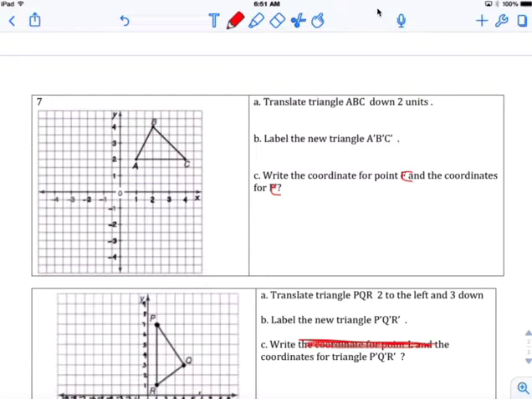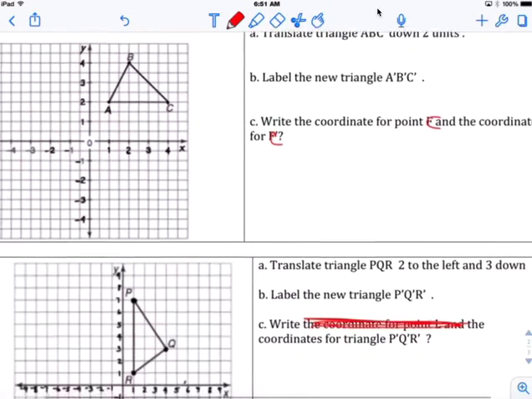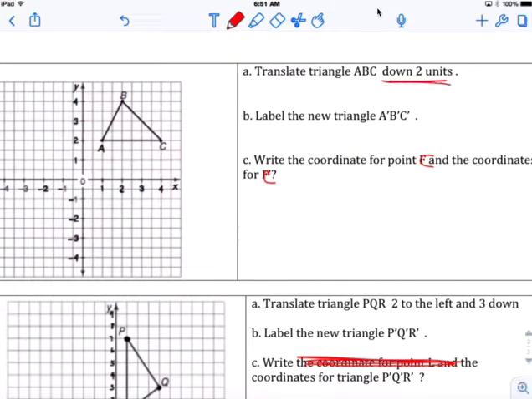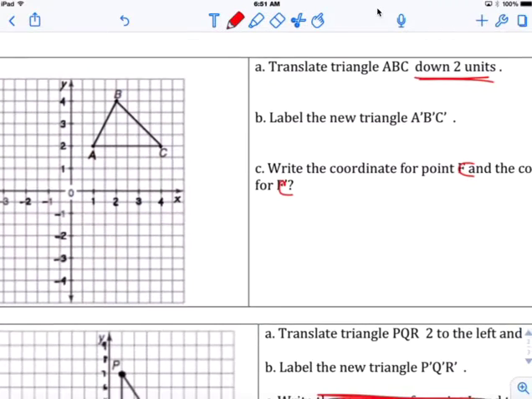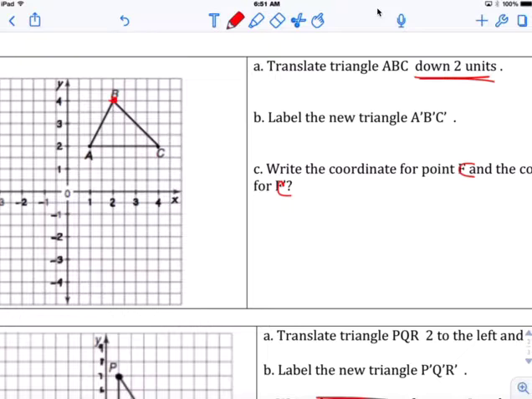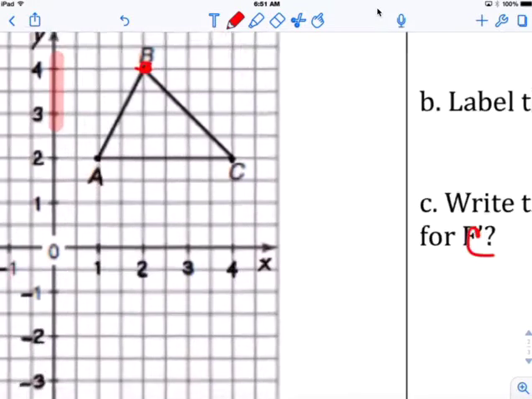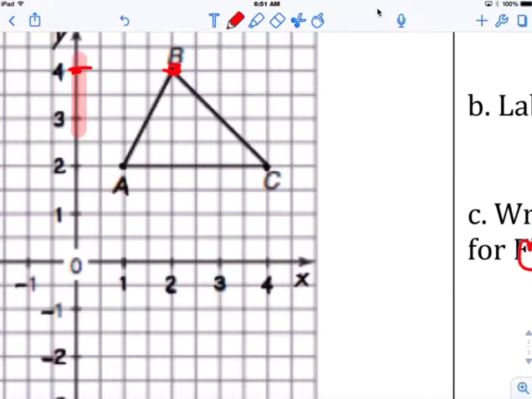Now, this one we did in class. It says 2 units down. With some of my classes I didn't. 2 units down. So from here, here's the trick to this. This is 1 whole unit, two blocks. See the 4 to the 3, that's 1, and the 3 to the 2, it's 2.